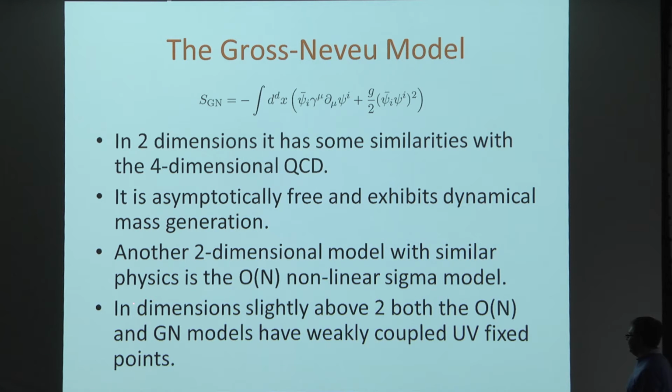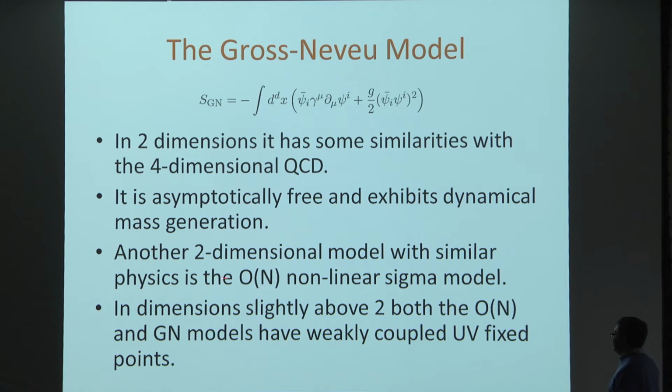Both of these, if you go into dimensions slightly above 2, have weakly coupled UV fixed points. Since UV fixed points are not entirely satisfactory, the question is what is the completion of them? How do you think of these theories equivalently as a flow in the usual direction from UV to IR?